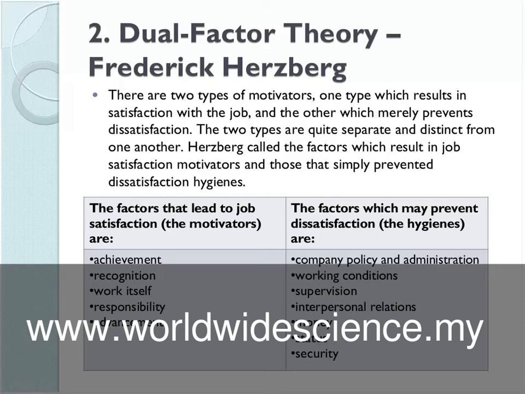Status means you are just on an operational level and you want to grow and you don't have any opportunity and your status remains the same for a few years. And security means maybe your organization has no security at the company. And these kinds of factors may prevent dissatisfaction with the job.